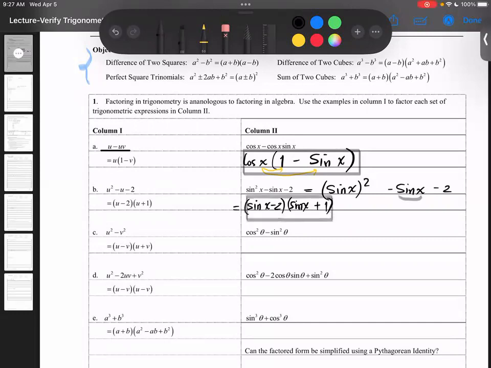Number 3, cosine squared theta minus sine squared theta. This is the same thing as cosine theta, all of that square, minus sine theta, all of that square. And again, let me remind you of this, I talked about this. Sine square t is not equal to sine t square.